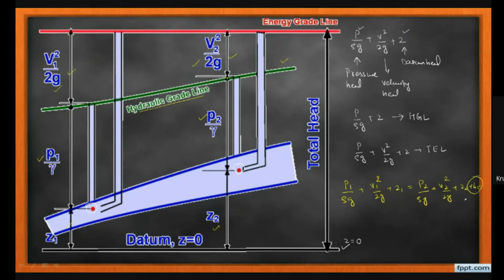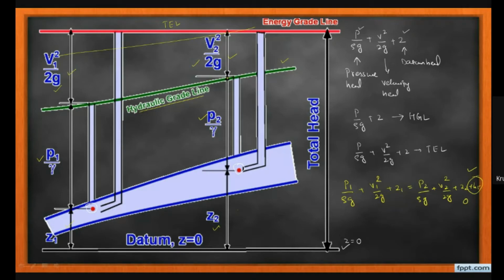If you consider HF equals 0, then you have a simple horizontal line for the total energy line. And if you consider HF, then this line has some angle, a slanting line; it is not horizontal. So this is the understanding of HGL and TEL.